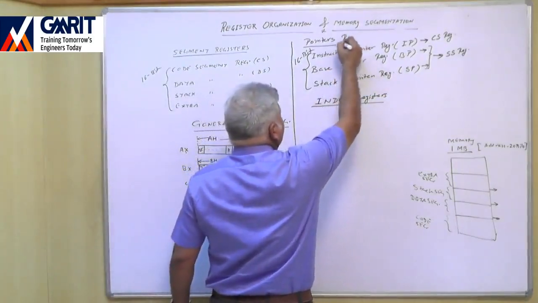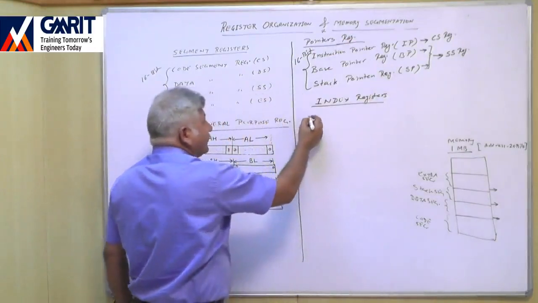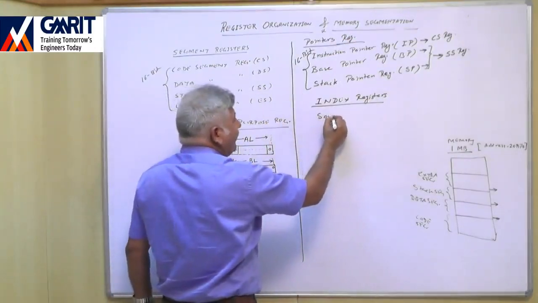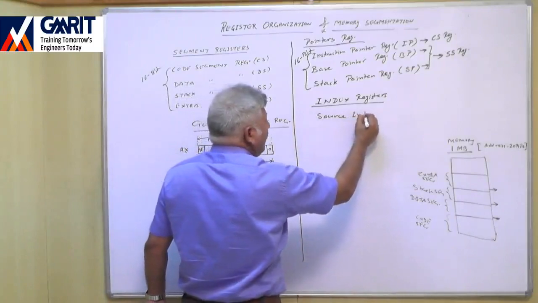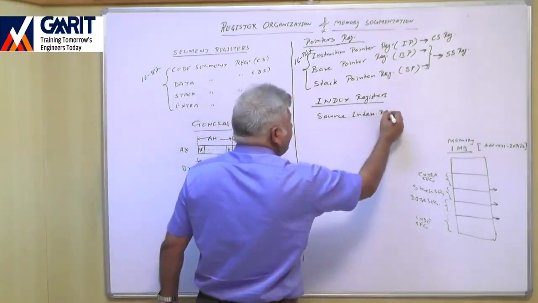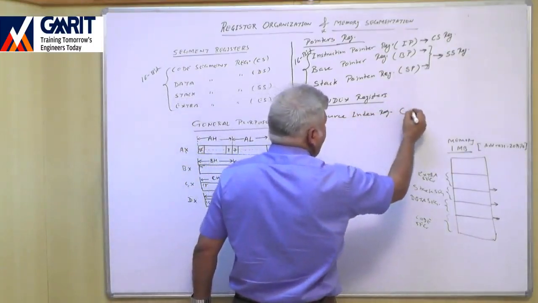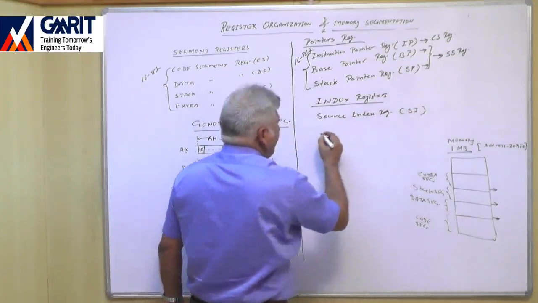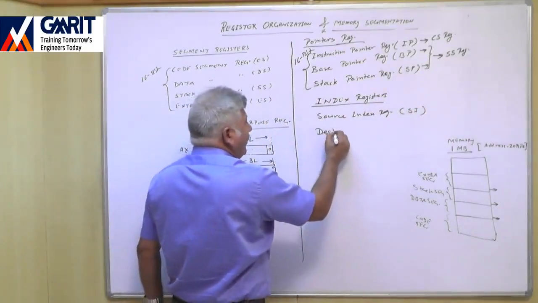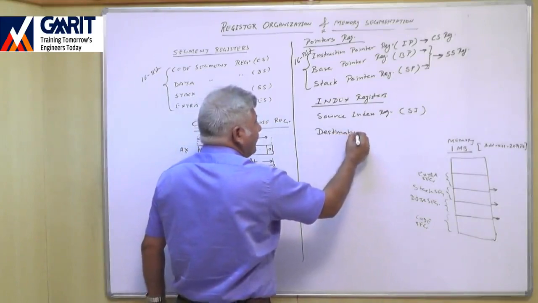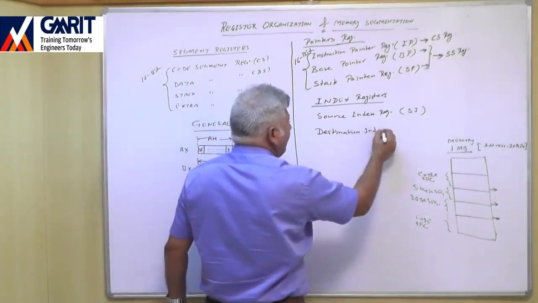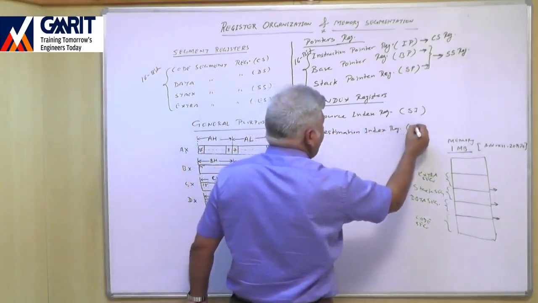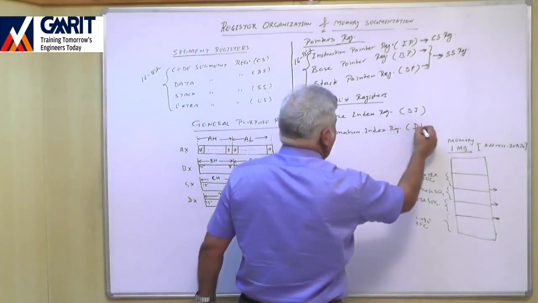So in index registers there is the source index register denoted by SI, and the destination index register denoted by DI.